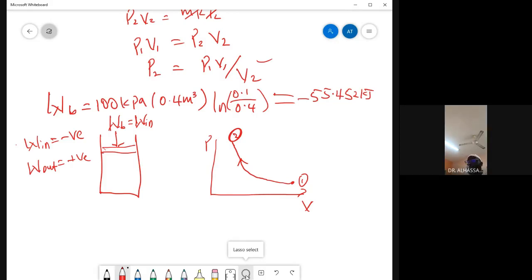So don't be discouraged or frustrated that, oh, I got negative. It's possible. This is correct, and this shows that work is coming into the system. If the system delivers work output, then it is positive. If the system receives work input, then it's a negative quantity. So this is correct. Okay, so any other question?